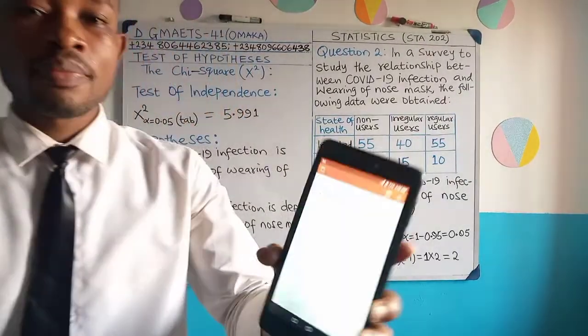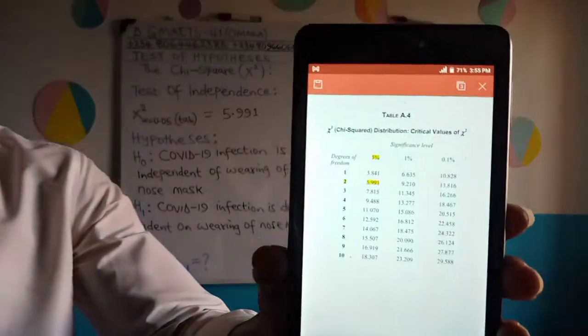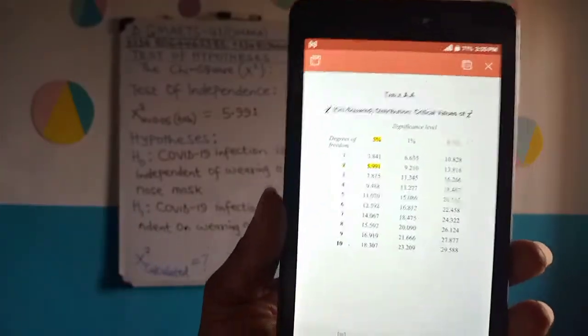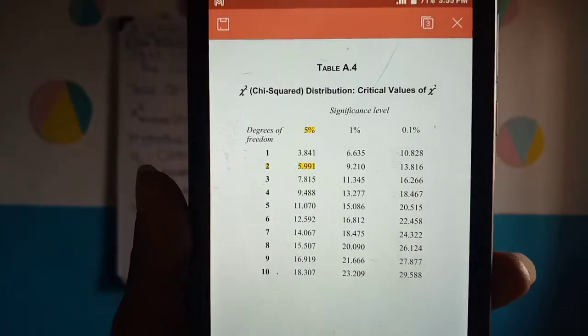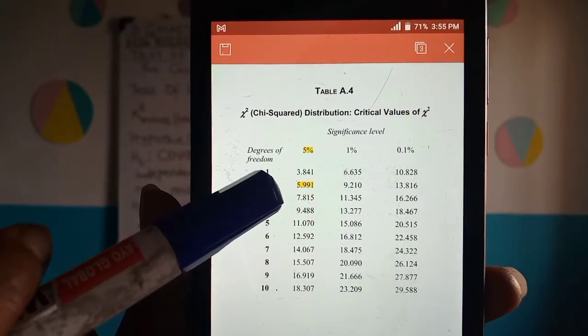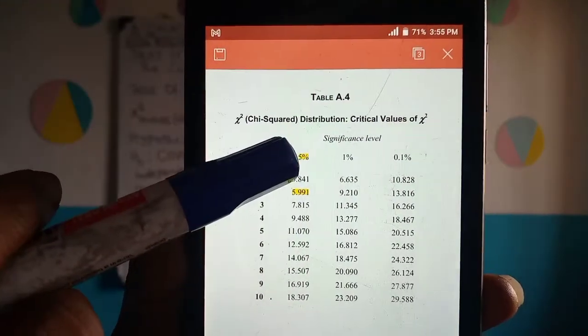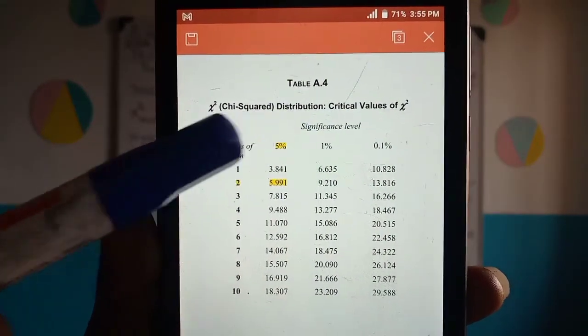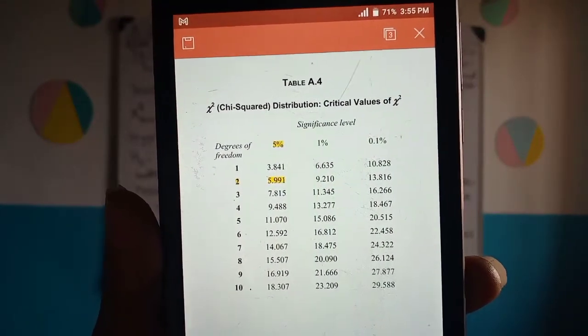So you take a look. I've actually highlighted what we need. Alright? So if you look at this, you will see clearly that degree of freedom 2 corresponds to the significance level 5%. This 5% is 0.05 if you divide it by 100.